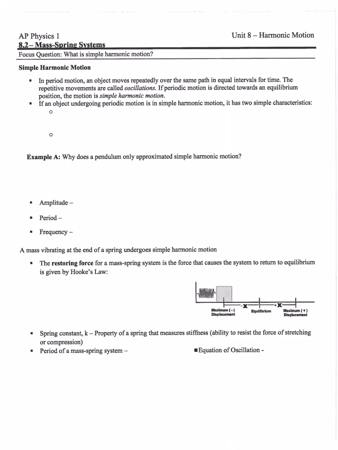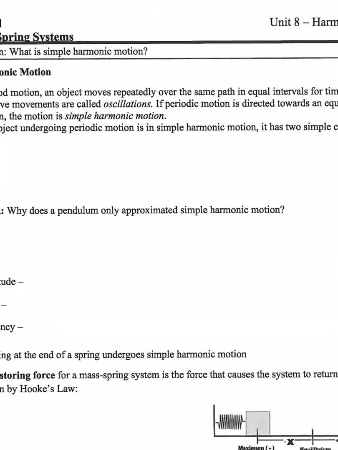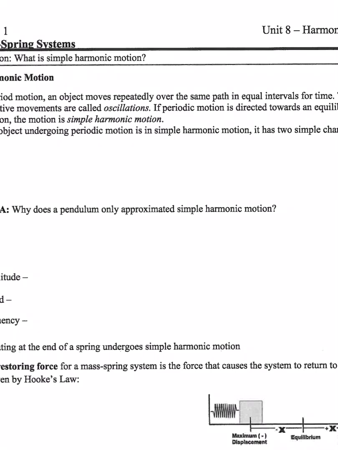So I'm going to get into mass spring systems. This is the other major type of simple harmonic motion. So let's look at these. If an object moves repeatedly over the same path in equal intervals of time, that is a simple harmonic oscillator, okay?